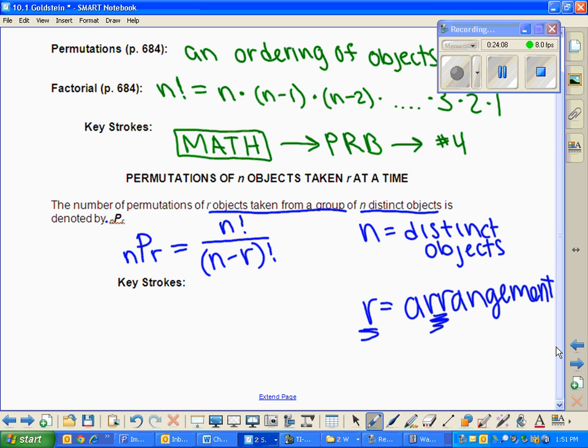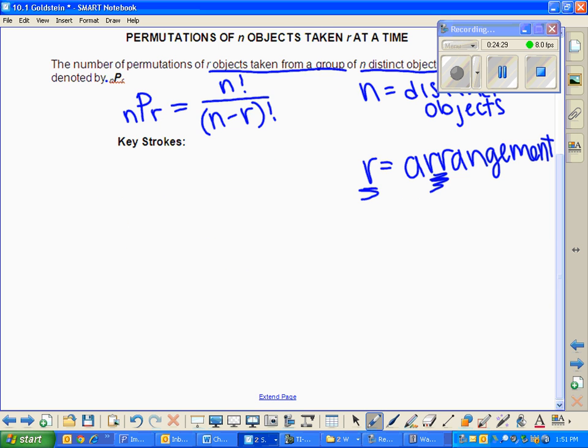We want to see how many different ways we can rearrange them in those 10 spots. That's 10 objects in 10 different spots. So n and r can be the same number, but r can never be bigger than n. N is the whole group of whatever object we're working with.